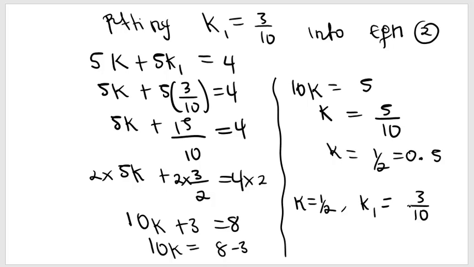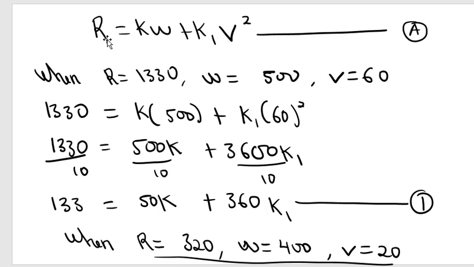Now what do you do with these values, which are the constants? The next thing to do is substitute these values into the main equation, that is equation A. That is this particular equation, equation A. Substitute the value for k and k1 into this equation.